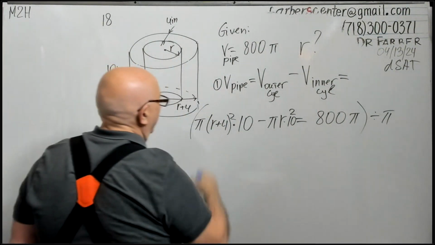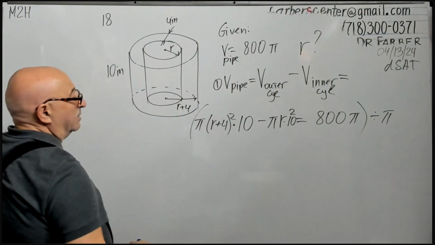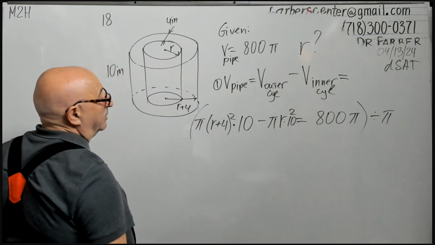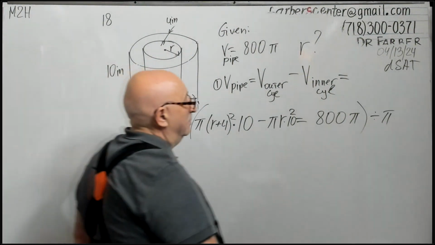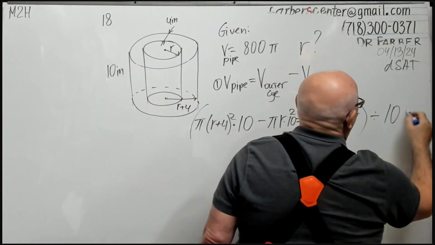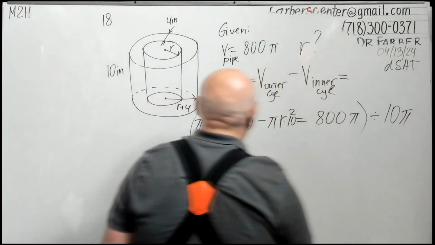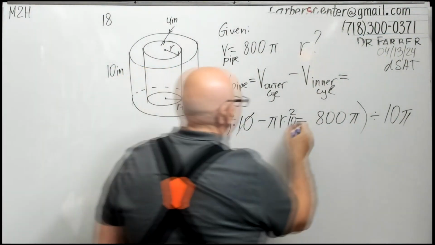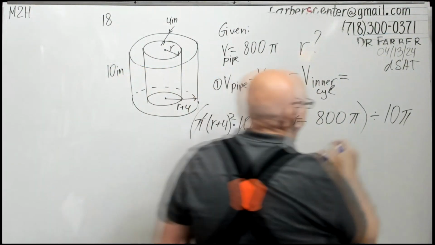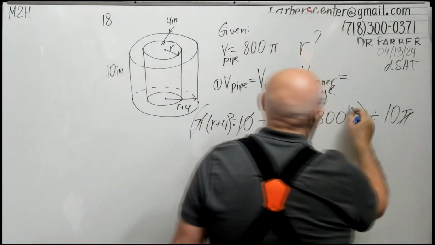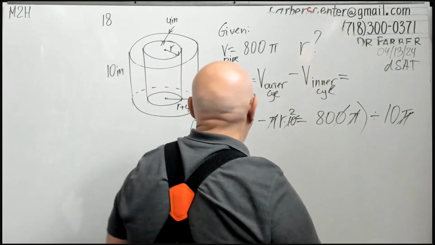So I apply the formula (a plus b) squared. By the way, I can simplify not only by pi, but also by 10, by 10 pi. If I simplify by 10 pi, this and this cancel out, and 10 cancels out.